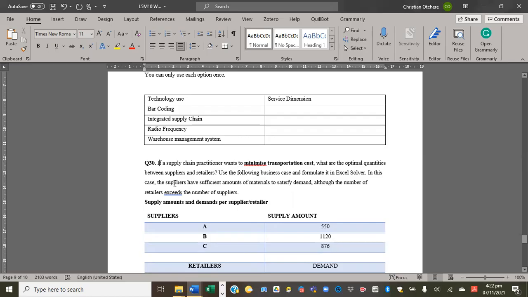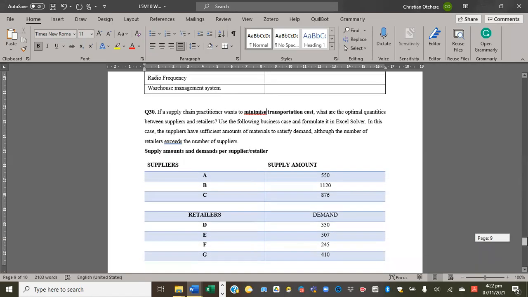In this case, the suppliers have sufficient amount of materials to satisfy demand, although the number of retailers exceeds the number of suppliers. So you just ignore these ones. What is important here is transportation costs. That's the objective of this question.